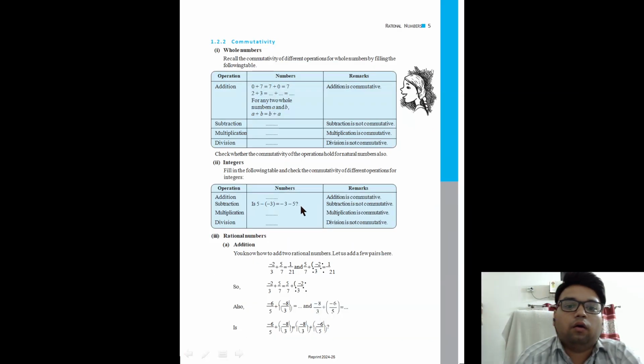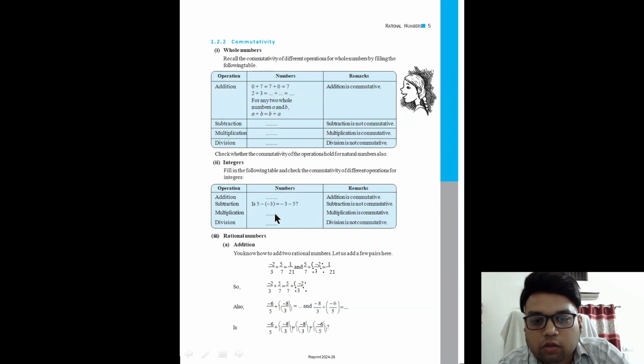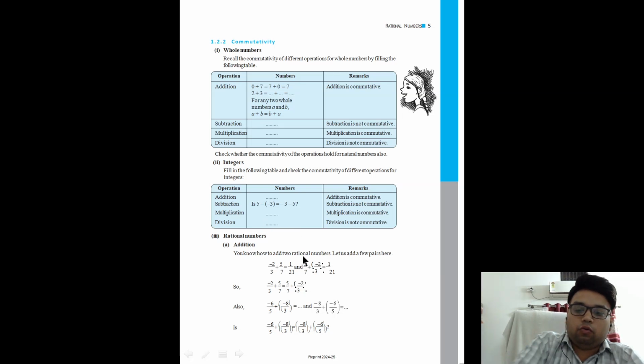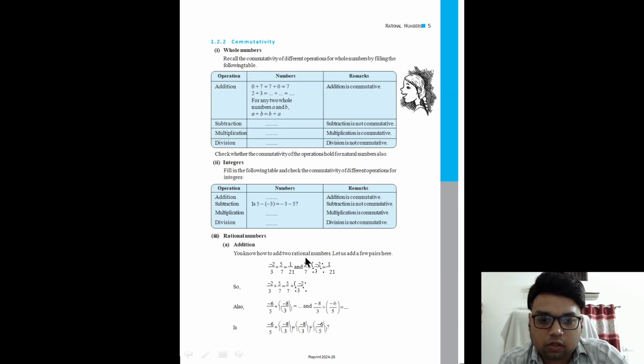Here it is very simple: 5 minus 3 doesn't equal 3 minus 5. I will explain in the examples; firstly, you just have to learn the properties.